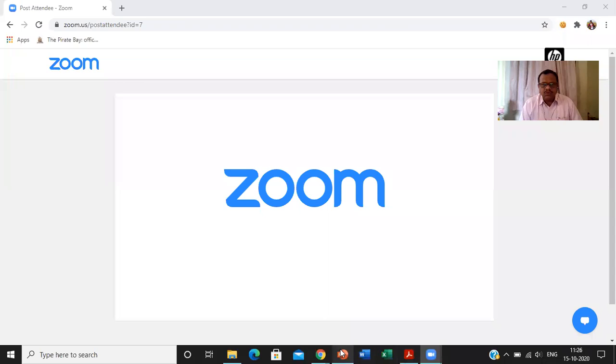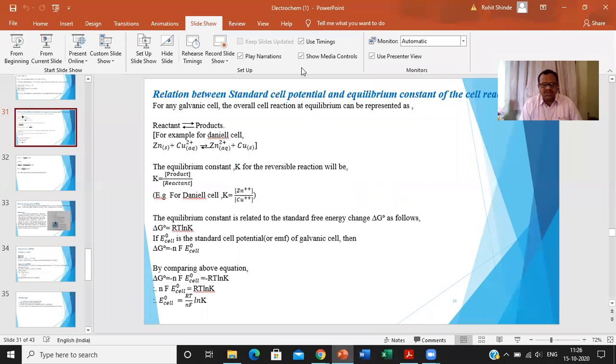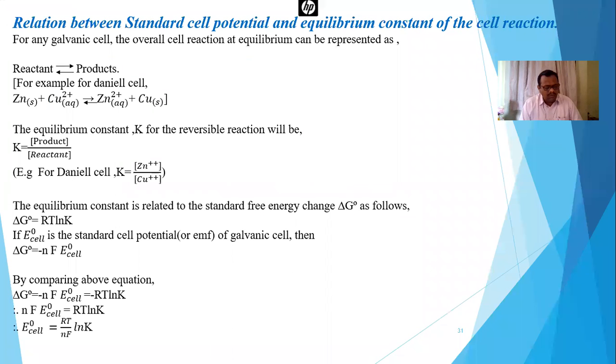In the last lecture, we discussed what electrode potential is, the two main types of electrode potentials, that is oxidation potential and reduction potential. We have also discussed standard electrode potential according to IUPAC conventions.